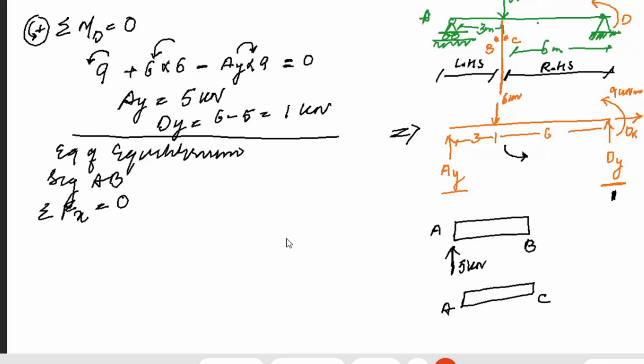And then we have a vertical shear force at end B, which is VB, and we have a normal force, which is NB, and we will be having a moment also. We will have a moment for which I have given a direction of anti-clockwise, that is MB. Okay, and again similarly at point A and C, I'll be having vertical reaction of 5 kilonewton here, and then it has a distance of 3 meter, both have a distance of 3 meter.